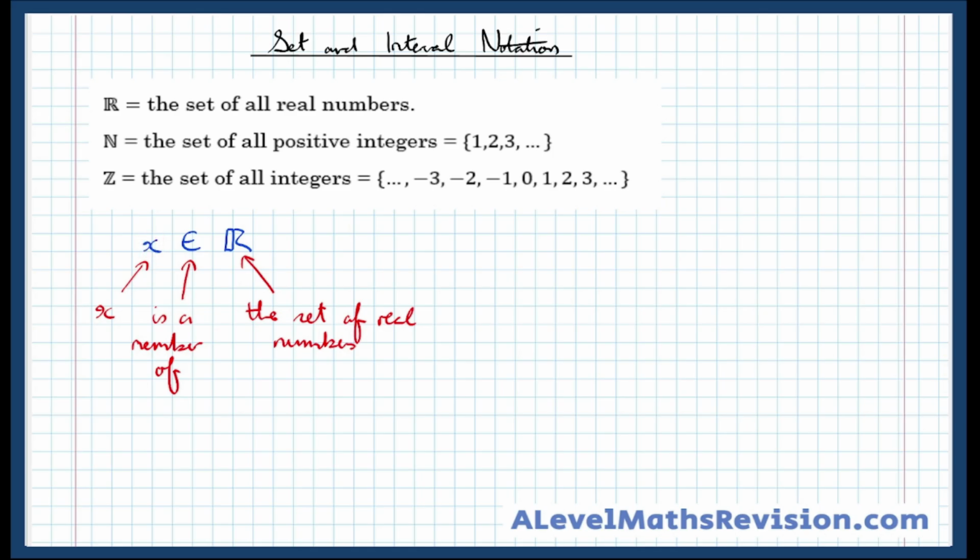So whatever the value of x is, I know from this statement here that it's going to be a real number. Extending this notation, this curly bracket means the set containing. So I'm just going to write a bit of a mess of numbers here, like that, and I'm going to explain exactly what this notation means.